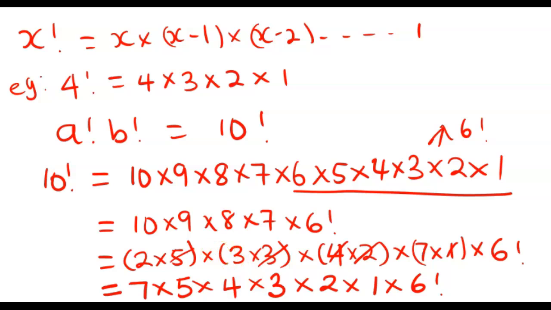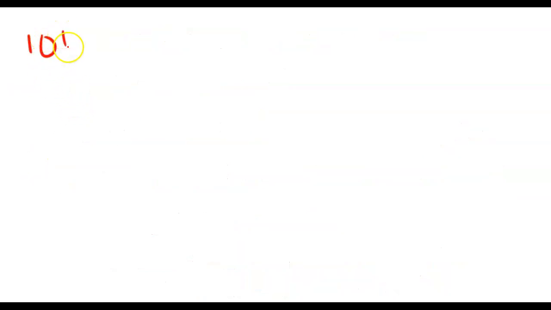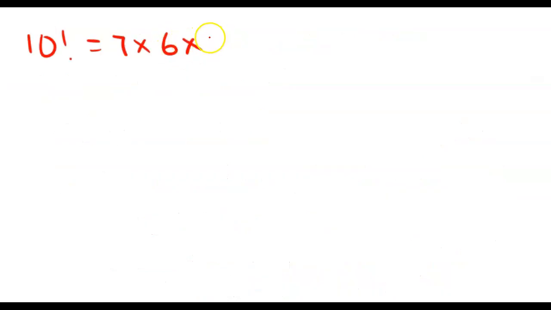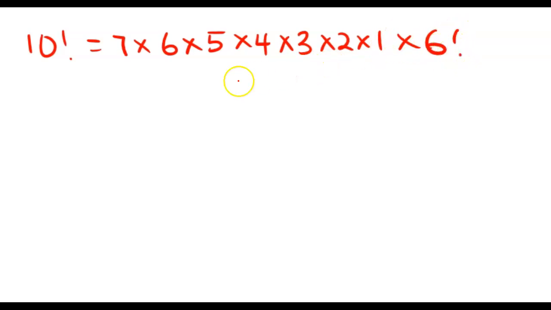So therefore, we are going to have 10 factorial, which is equal to 7 times, so per what we have here, the missing number here is 6. So 2 times 3 is 6 times 6. And then let's continue with other numbers. 5 times 4 times 3 times 2 times 1 times 6 factorial.